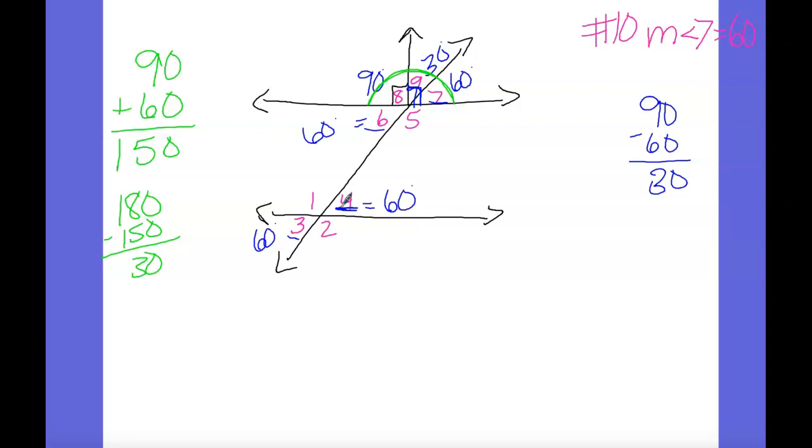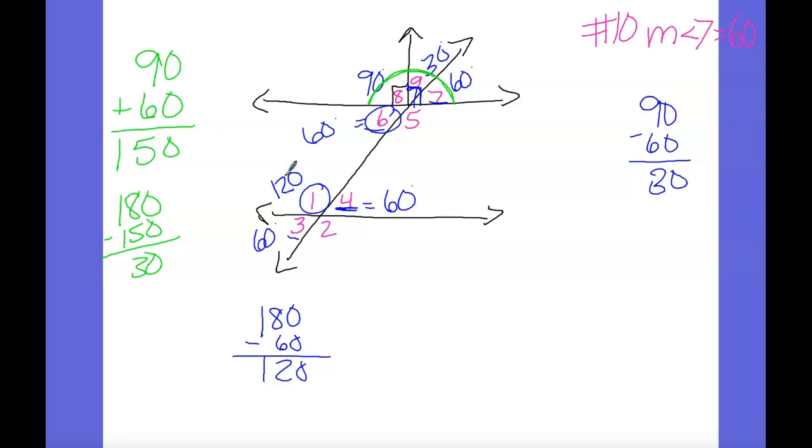So if they are consecutive interior, what does that mean? They equal 180. So angle 6 and angle 1 have to equal 180. So 180 minus 60 gives me 120. So the measure of angle 1 is 120.